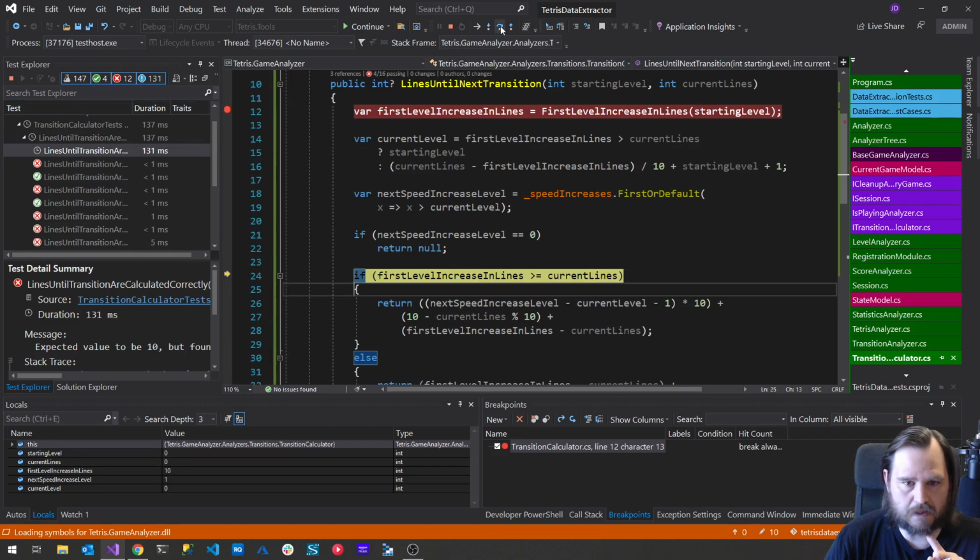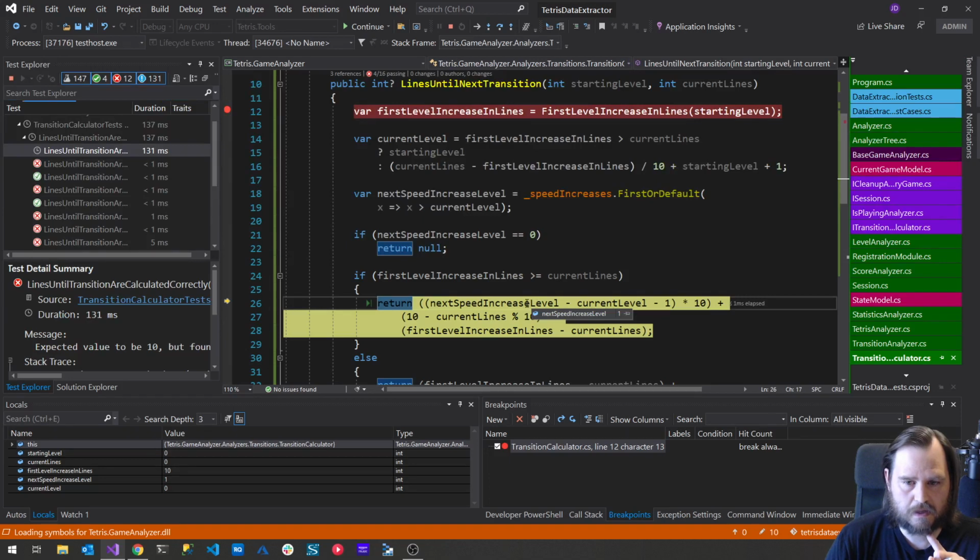We haven't done any lines. So what are we doing? We're going to take 1 minus the current level, which is 1. Then we're going to subtract 1, so that'll be 0. Minus 0, minus 1. That's all 0.